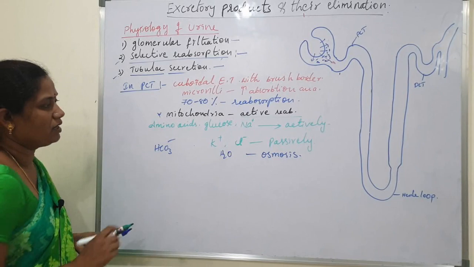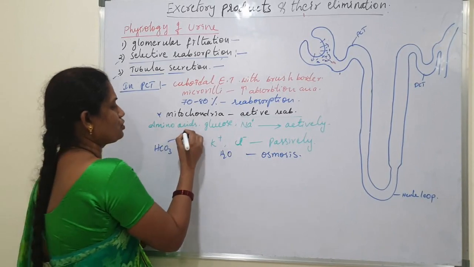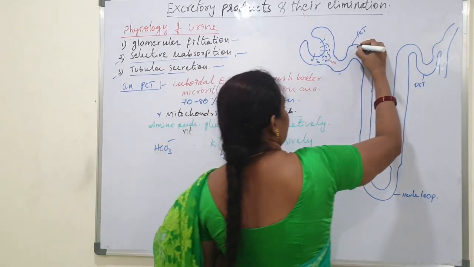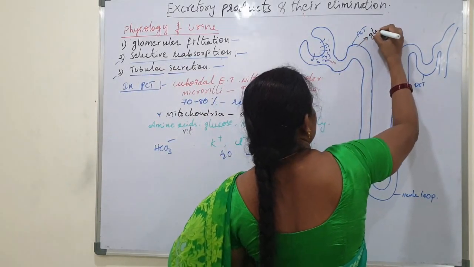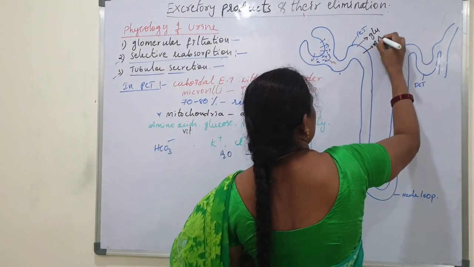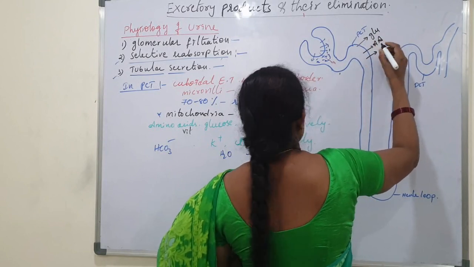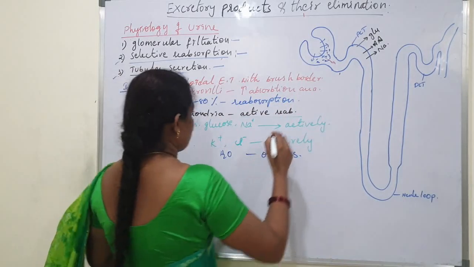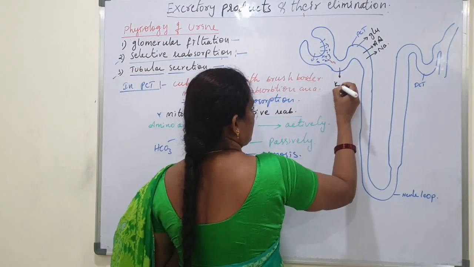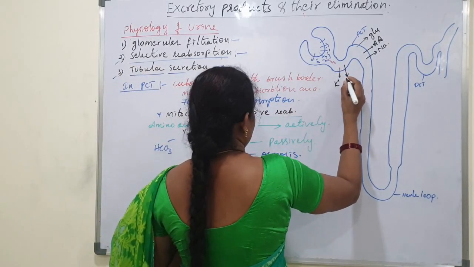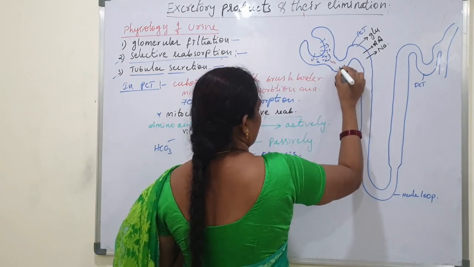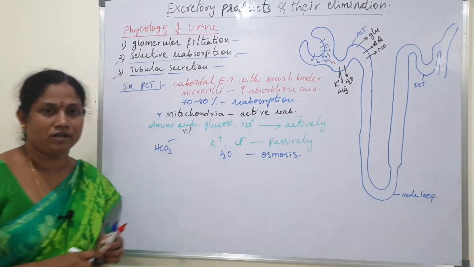So mainly amino acids, glucose and vitamins are reabsorbed. Glucose, amino acids and sodium ions are absorbed actively. Next, potassium ions, water and bicarbonate ions are also absorbed into the tissues.